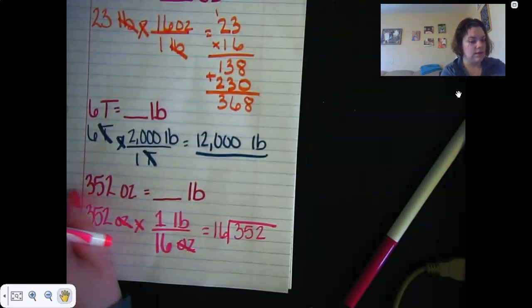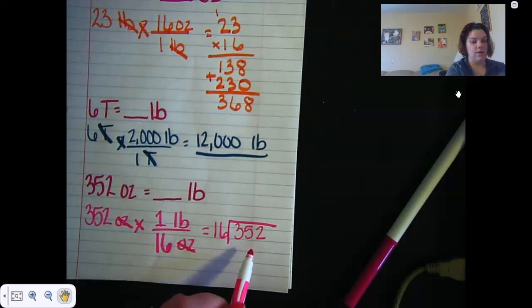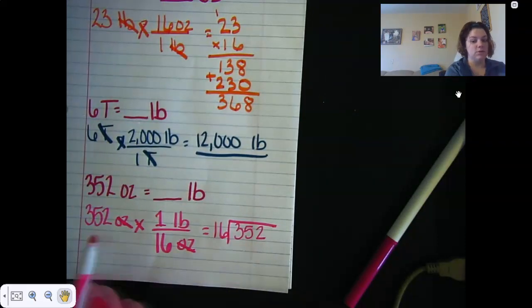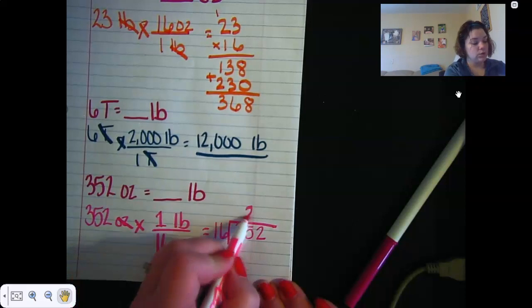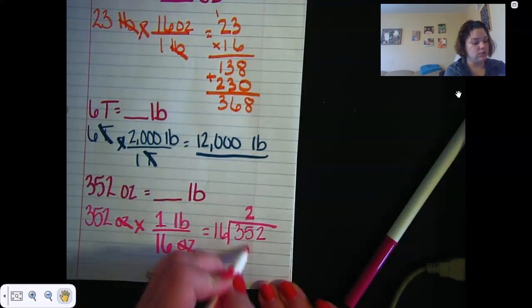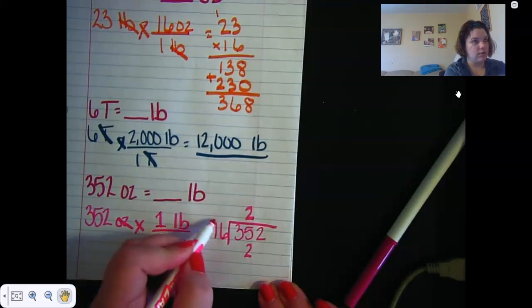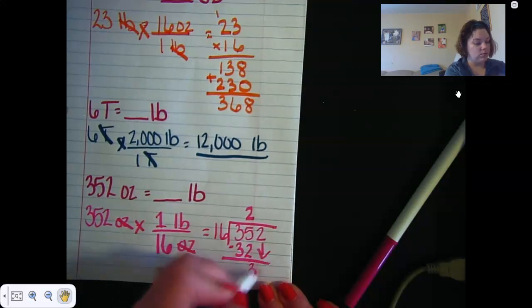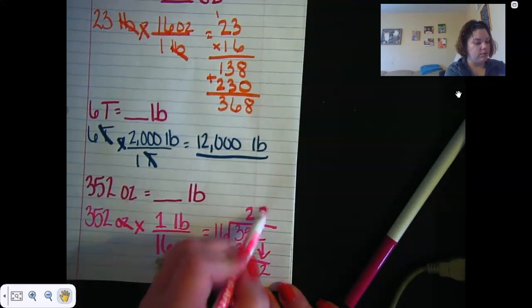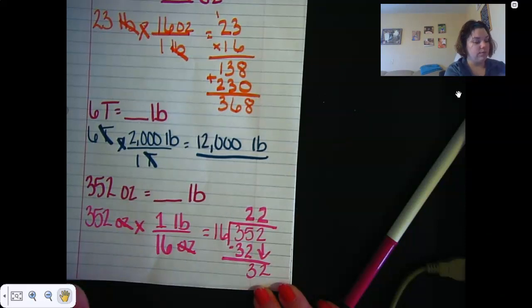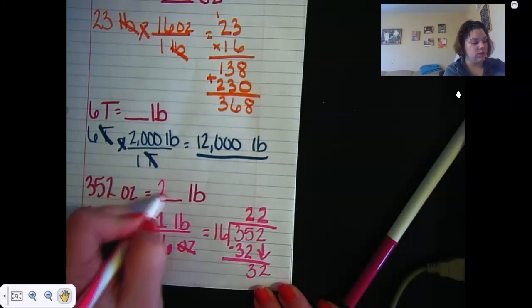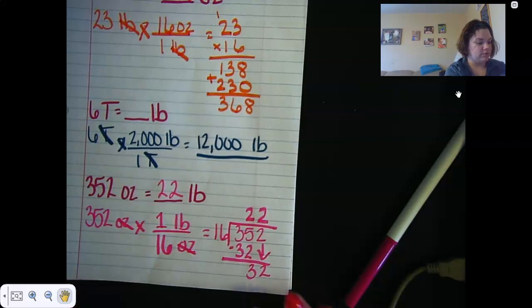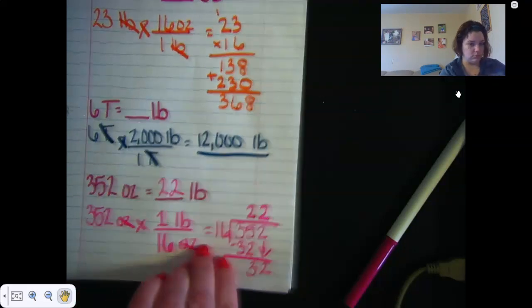Okay? 16 can go into 35 how many times? 2. 6 times 2 equals 12. Carry the 1. 2 times 1 is 2, plus 1 is 3. Subtract that. 3, bring down the 2. That'd be 2. So 352 ounces equals 22 pounds. Okay?